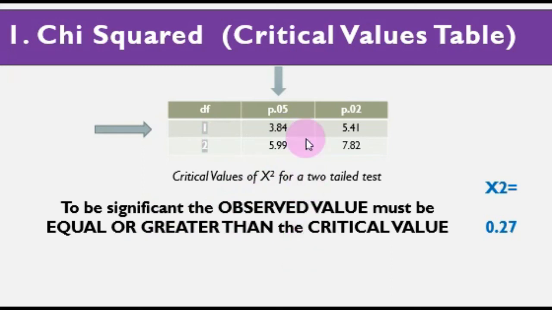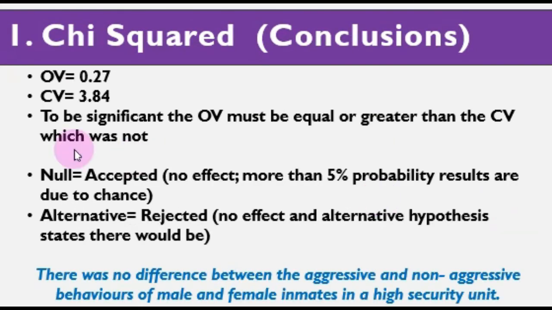So, since the critical value is 3.84, at ito ay hindi niya na-reach, ang nakuha niya lang is 0.27, anong ngayon ang conclusion? To be significant, the observed value must be equal or greater than the critical value, which was not. So, accept natin si null hypothesis. No effect more than 5%, probably results are due to chance. And reject natin si alternative hypothesis na sabi kanina.